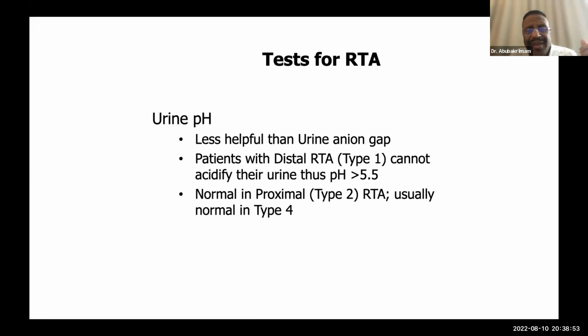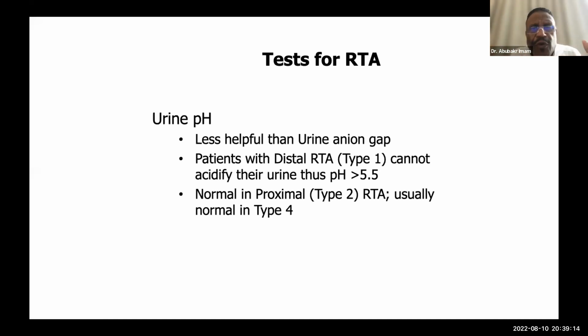So whenever I see an acidic urine, I know that I'm not dealing with distal RTA. I'm dealing with most likely proximal RTA, in simple terms. If I'm seeing nephrocalcinosis, I think mainly of distal RTA.